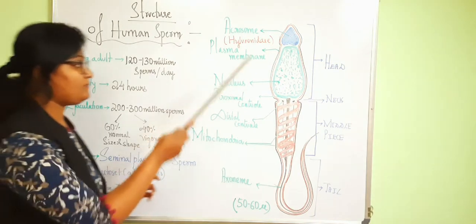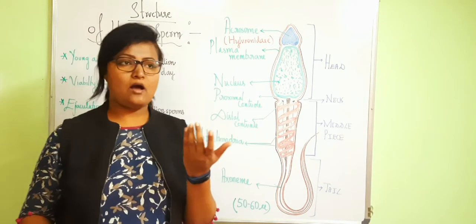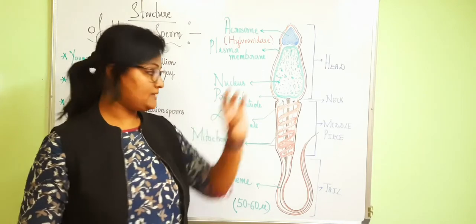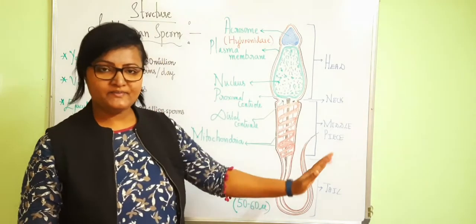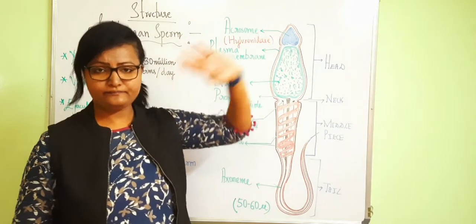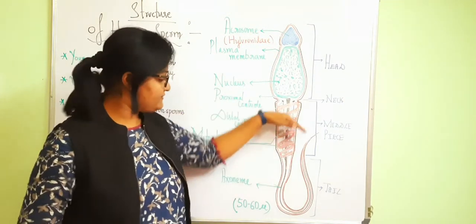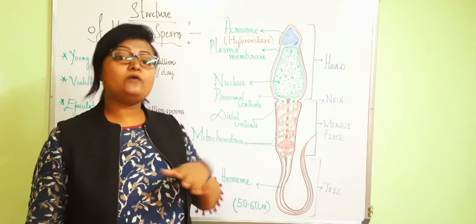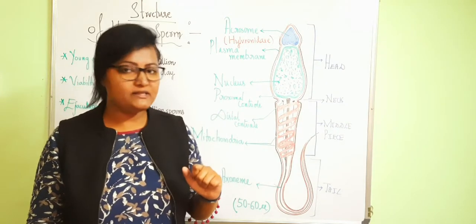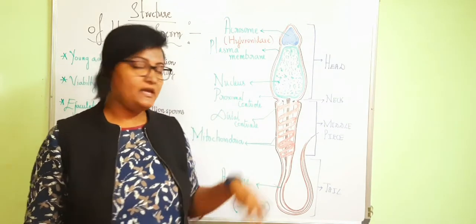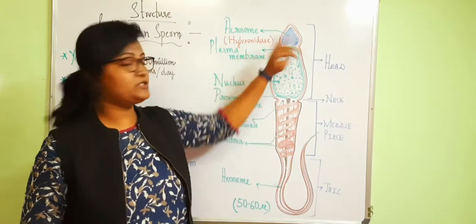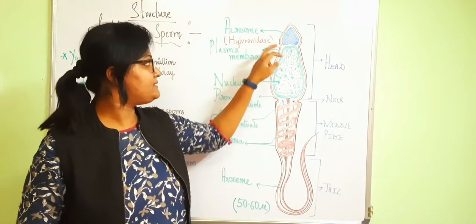Proper size and shape matters because of abnormalities of the sperm, which I am explaining. Some sperms are without a tail, some are without a head. If some sperms are without a tail, how are they going to move to the site of fertilization? That is one problem. If they don't have a head portion, what happens?